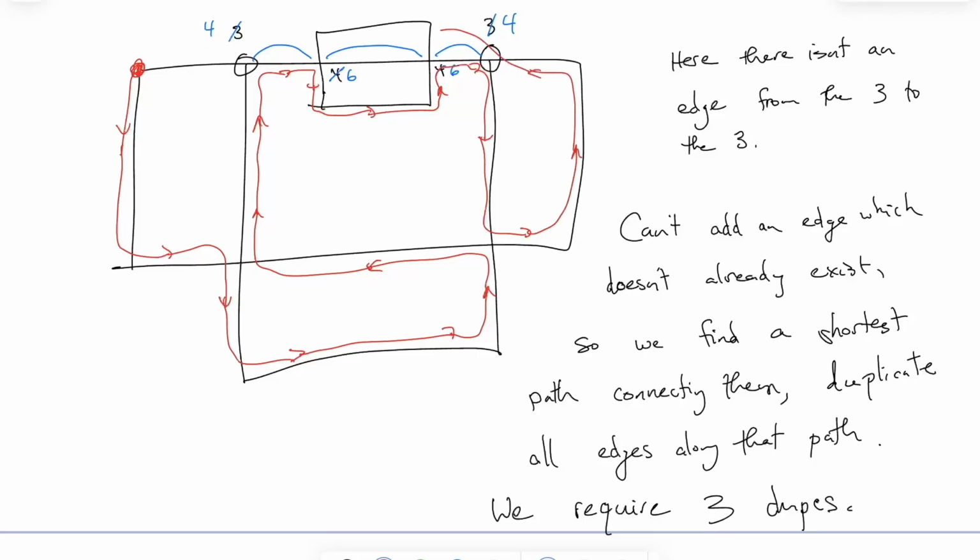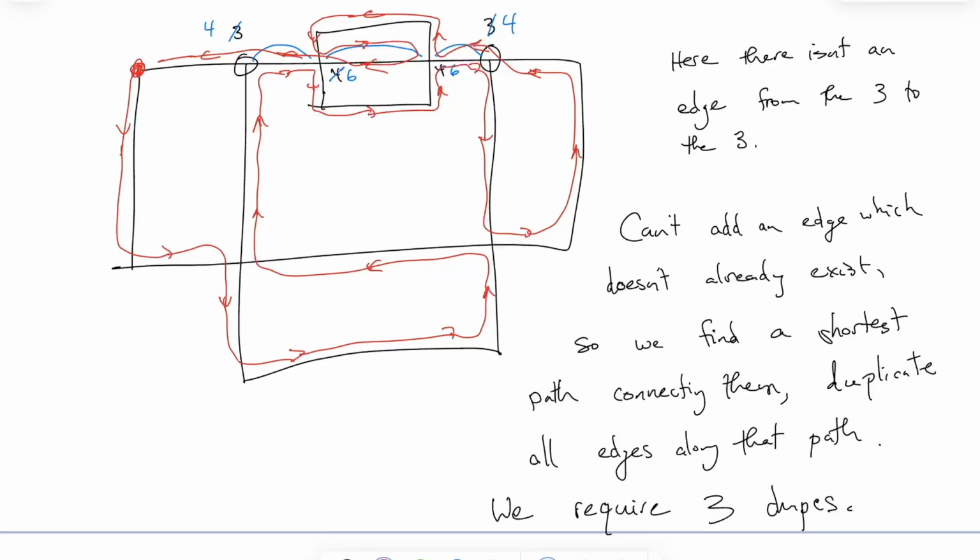I'm just drawing the circuit real quick here. I hope you drew the picture kind of big if you want to draw this along with me. Like that. All right, that's a minimum duplication circuit with 3 edge duplications. It looks a little messy when I drew it.